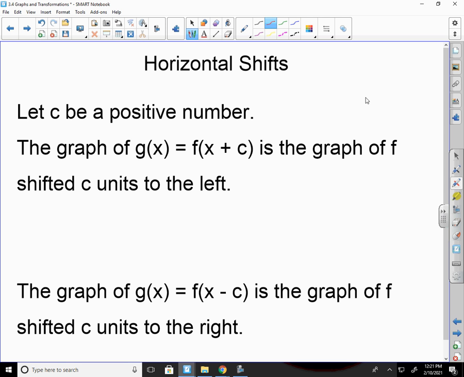Then the graph of g of x equals f of x plus c is the graph of f, our original graph, whatever the parent function may be, shifted to the left c units.